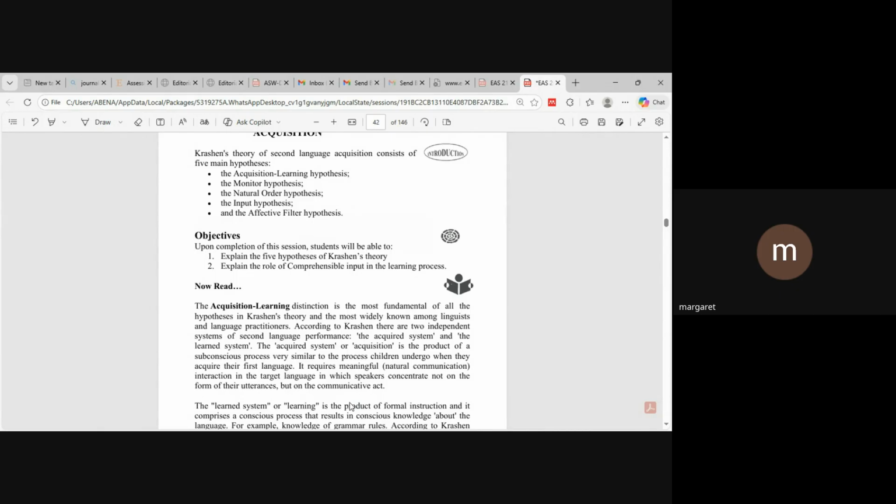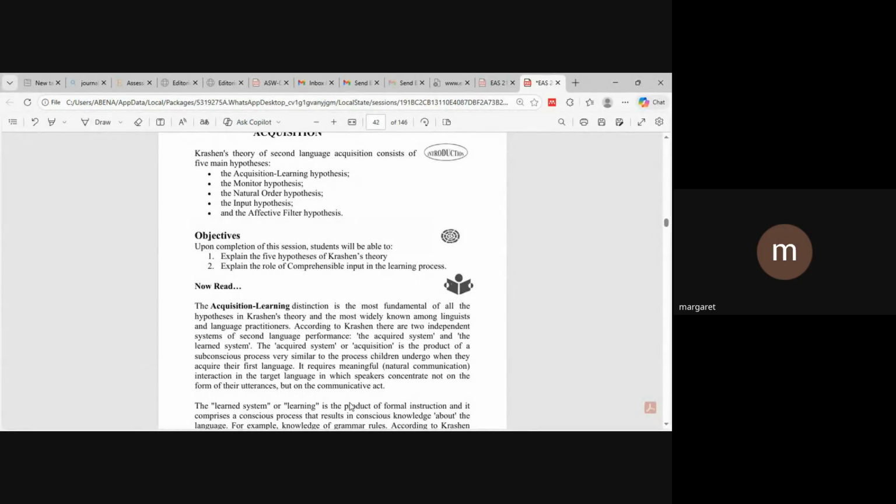So if you go to school and they start teaching you the grammar of English, the oral English, the phonetics of English, and how to write English, that is called language learning. So Krashen is saying that there are distinctions between these two processes. Language gets to a person in two different ways, either through the acquired system or the learned system.